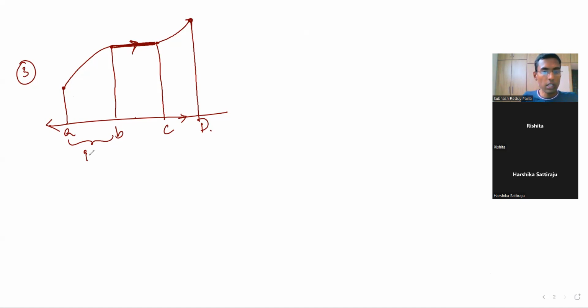So from A to B, it is increasing. From B to C, it is constant. From C to D, again it is increasing.